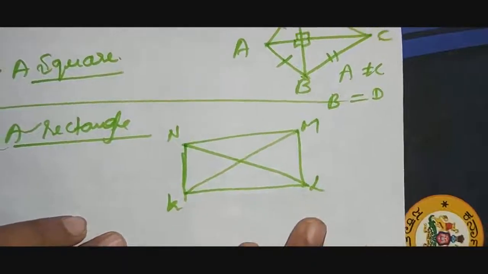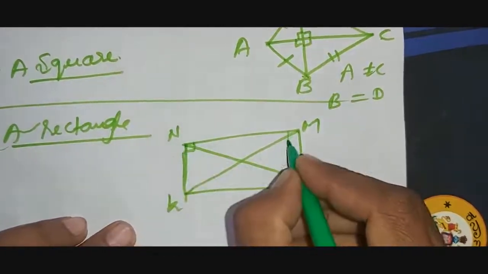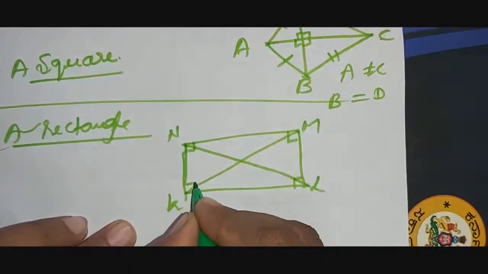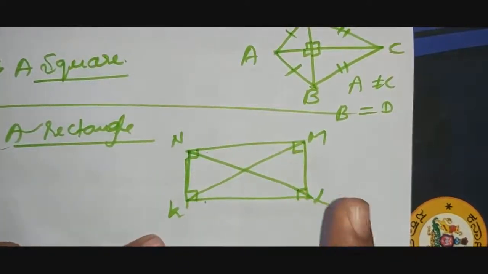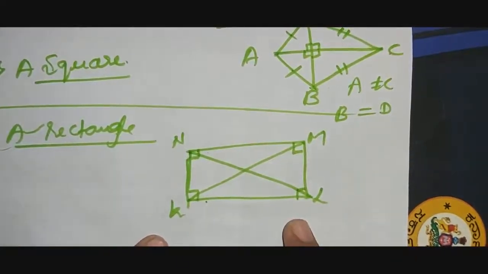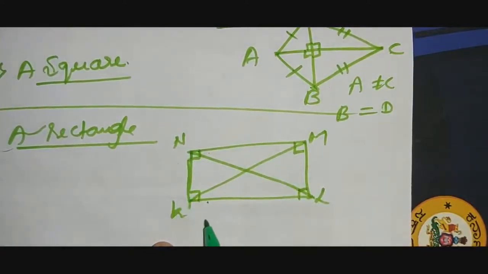See here, a rectangle is a parallelogram with right angles, with a right angle at each corner. It has all the properties of a parallelogram, and next, each of the angles of a rectangle is 90 degrees. Each of the angles is a right angle, and third, diagonals are equal in this.